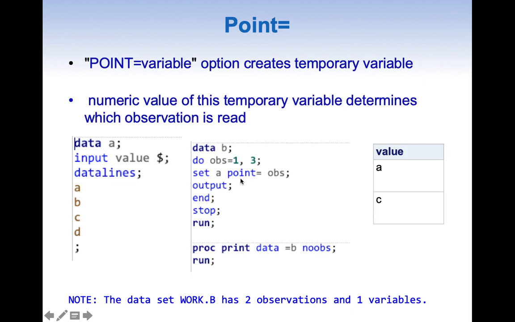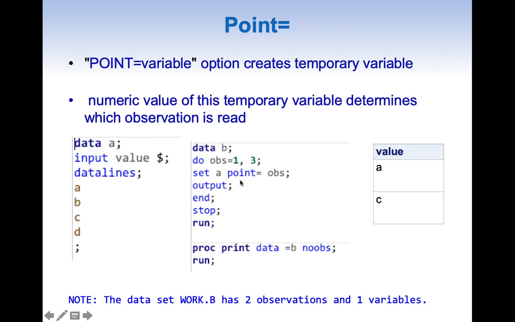We will first indicate in the set statement point equal to a temporary variable, and we mention the temporary variable name in the do loop, and we say we want the first and third record. So we are going to give the numeric value, and this numeric value goes and picks up the records 1 and 3.